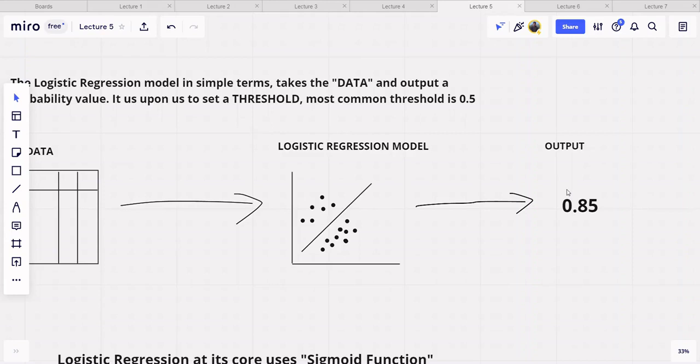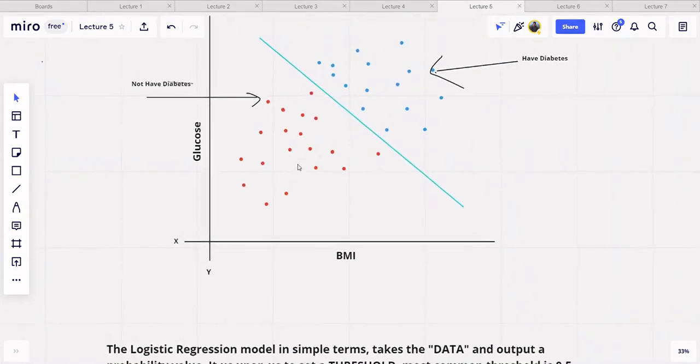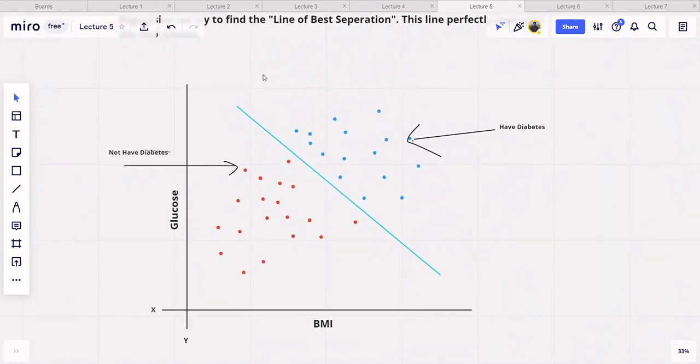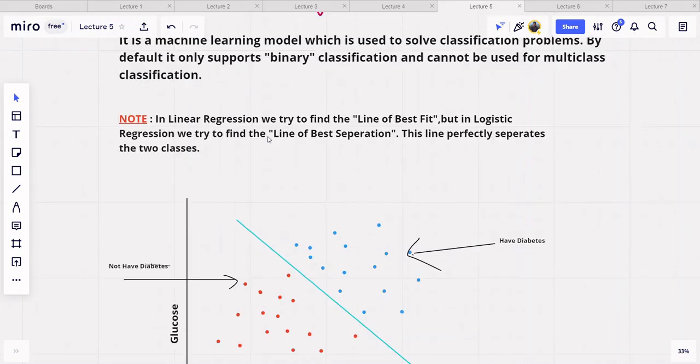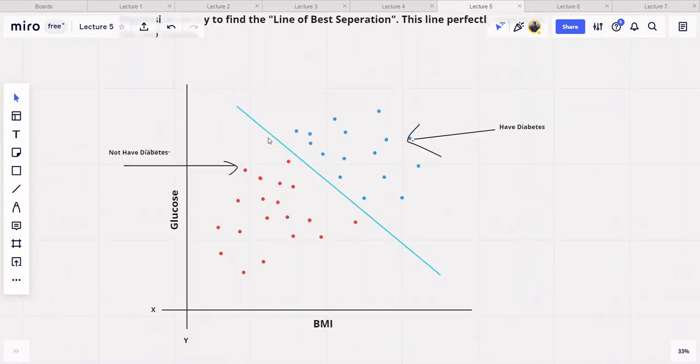Let's say that we have trained the logistic regression model, and it has found this line, successfully separated our data into two classes, and decided a particular threshold value here.